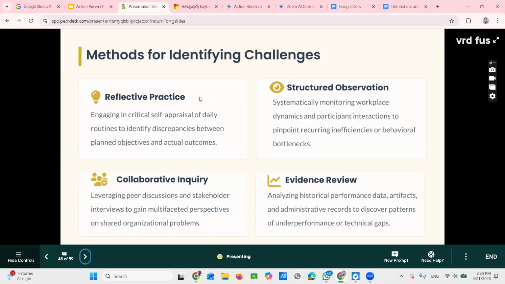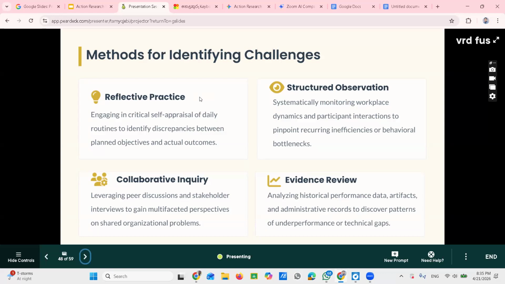Then another point, collaborative inquiry. Leveraging peer discussion and stakeholder interviews to gain multifaceted perspectives on a shared organizational problem. You can discuss with the various parties.